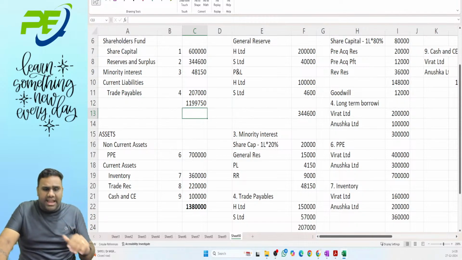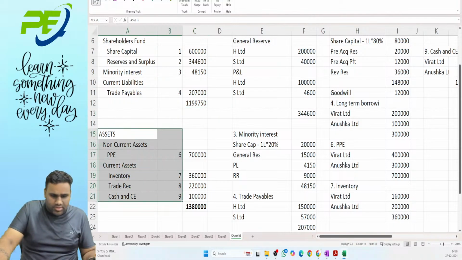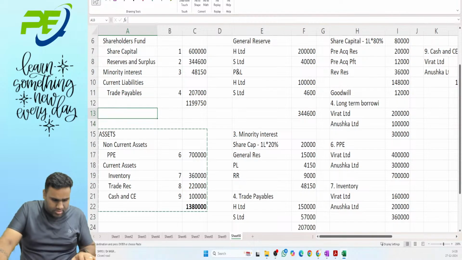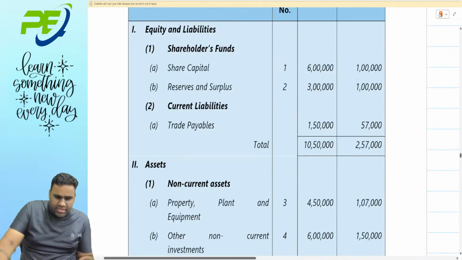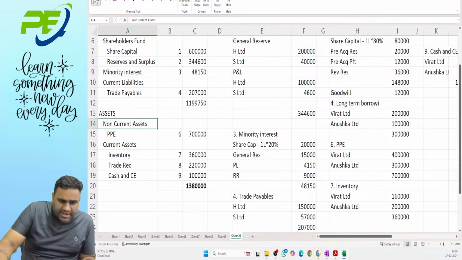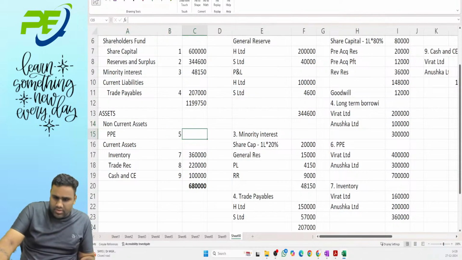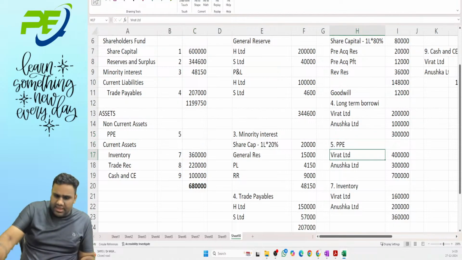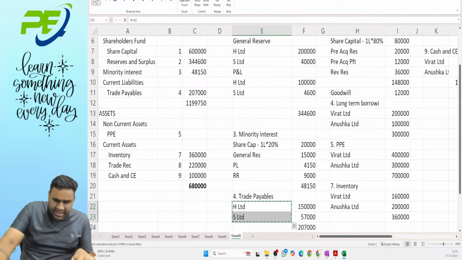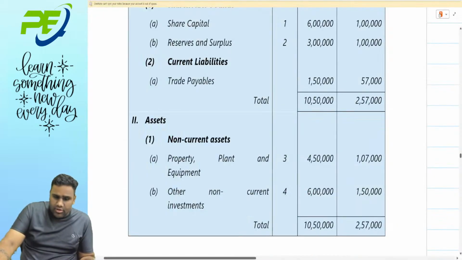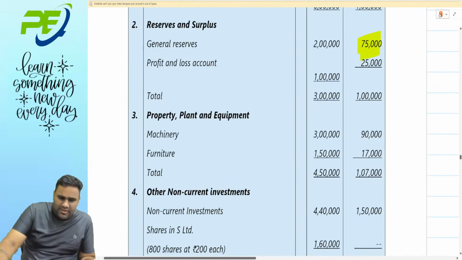Can I go to the asset side? So assets. Under assets, non-current assets, PPE. Note number 5, PPE. Again, H Limited and S Limited. So we have to go to note number 3.